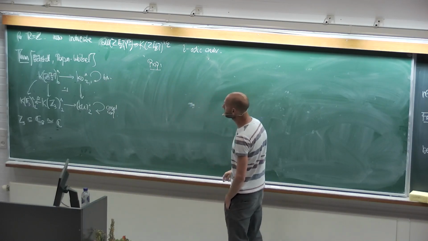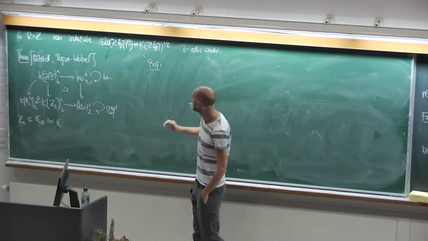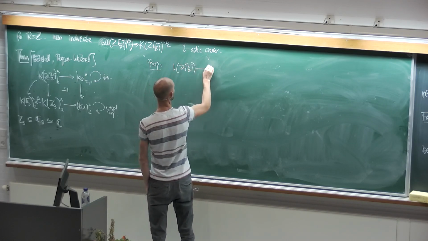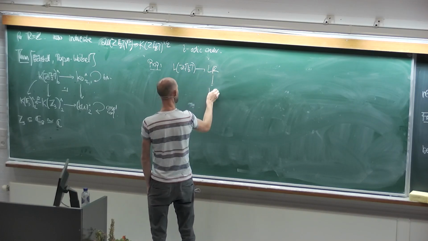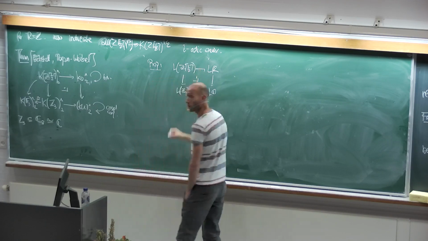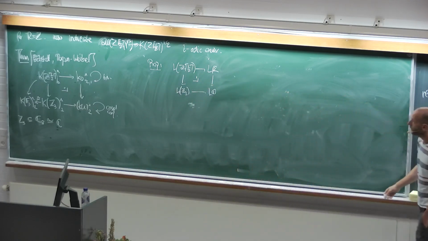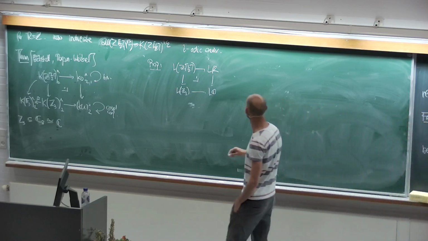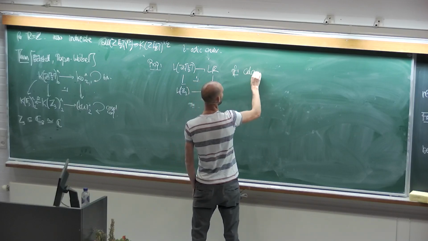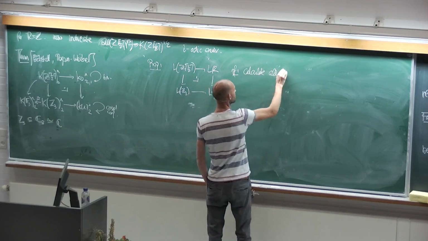So here's a proposition that tells you the L-theoretic side of the story, and it just says literally the same. You take L-theory of Z adjoin 1/2, L-theory of the reals, L-theory of the complex numbers, L-theory of Z3, and the statement is this is also a pullback. So the left-hand side is a difficult theorem to prove, the right-hand side is not a difficult theorem to prove. So here the proof is roughly you calculate all terms.